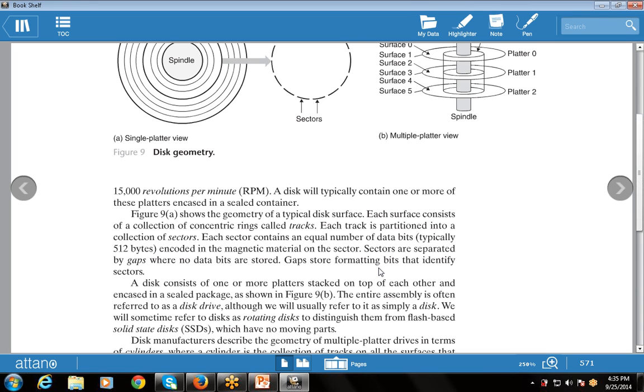So a disk geometry is a combination of tracks that are rings, then the tracks are divided into sectors, and sectors contain multiple bits to store the information. And sectors are separated by gaps where no bits are stored.